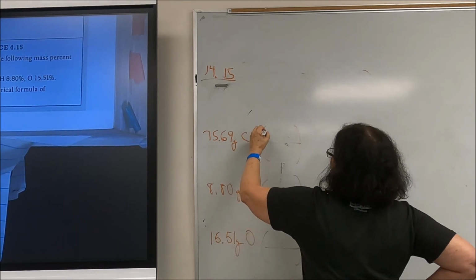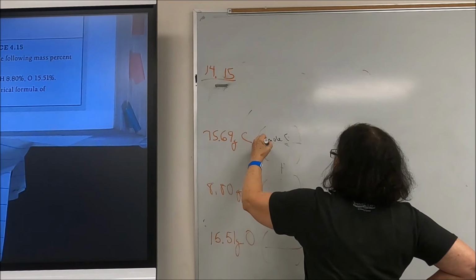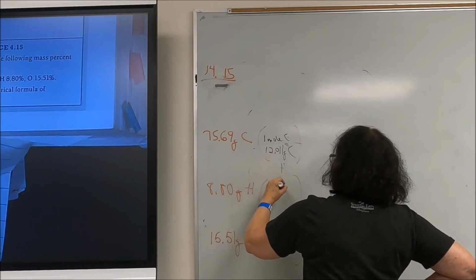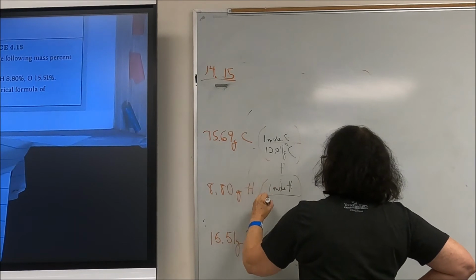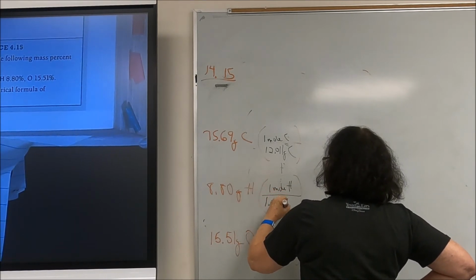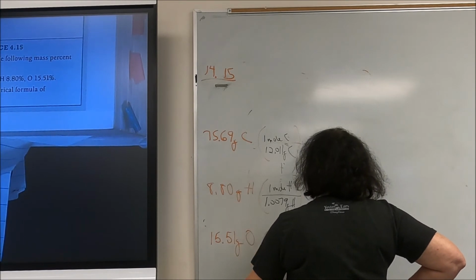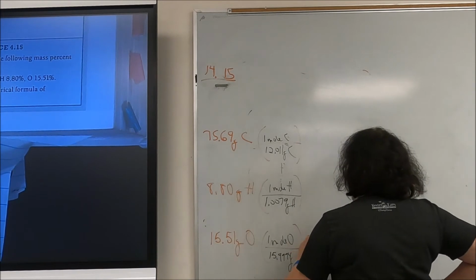So 1 mole of carbon for every 12.011 grams of carbon. 1 mole of hydrogen for every 1.0079 grams of hydrogen. 1 mole of oxygen for every 15.9994 grams of oxygen.